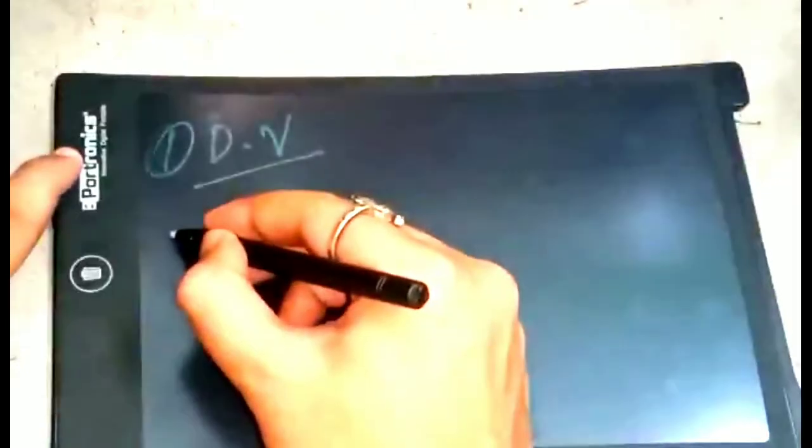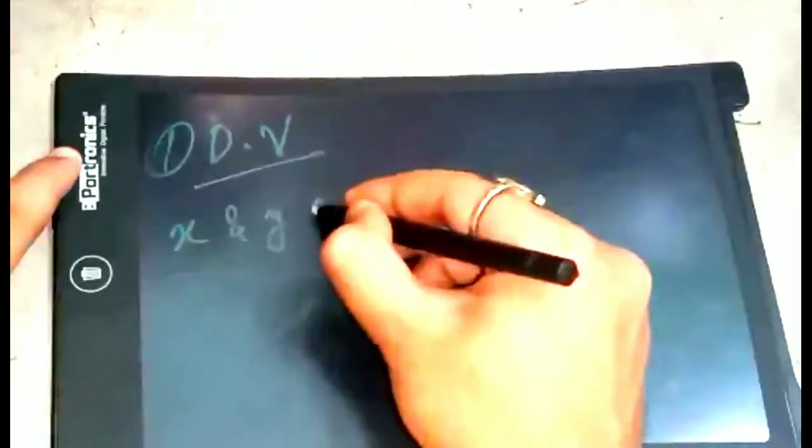So, what is direct variation? What is the concept behind it? Suppose we have two variables x and y again.